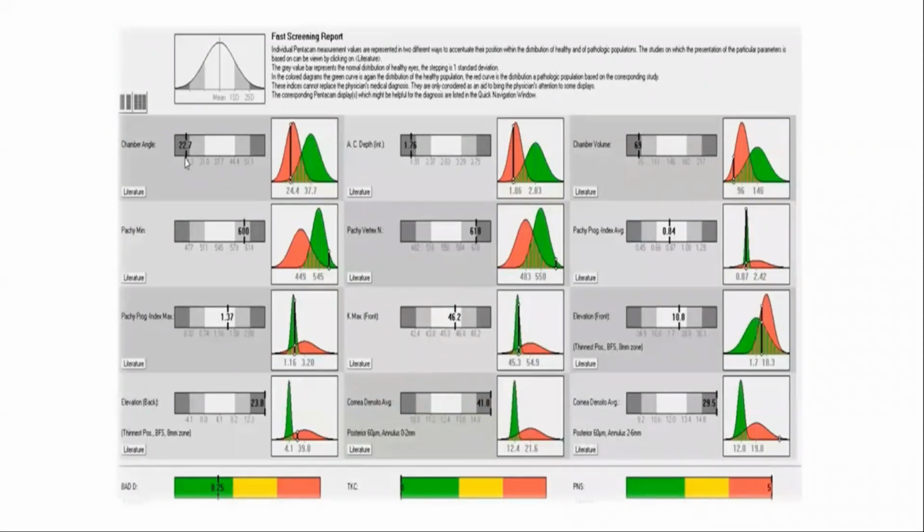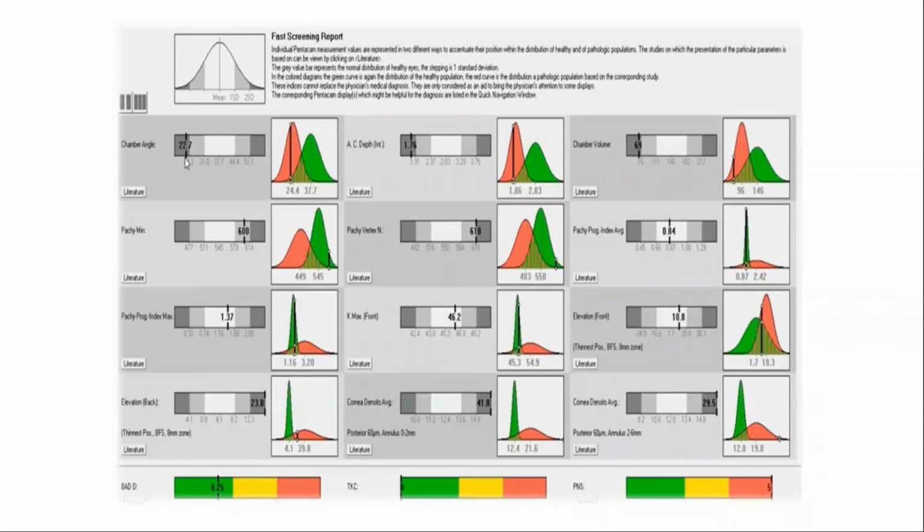As we can see, each individual parameter like anterior chamber angle, anterior chamber depth, and volume has different values indicated here. For example, on the left, for pachymetry minimum, they're giving 449 and 545 as numbers. So for each parameter, the values vary according to the parameter mentioned.